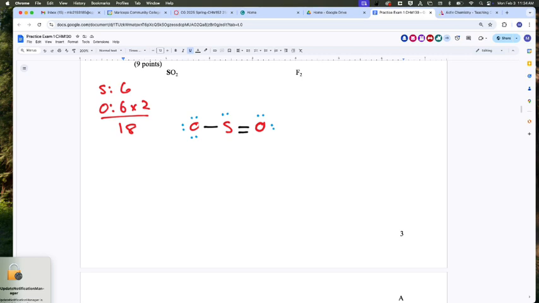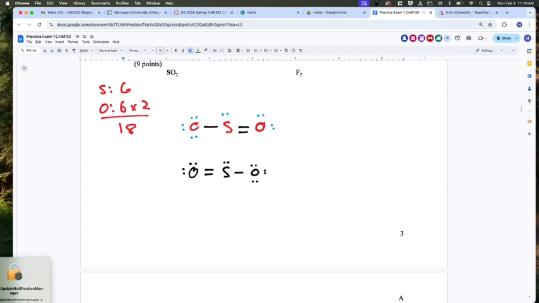Did I have to move the lone pair on the oxygen to the right? Nope. I could have moved the lone pair from the oxygen on the left. So both of those are potential options.